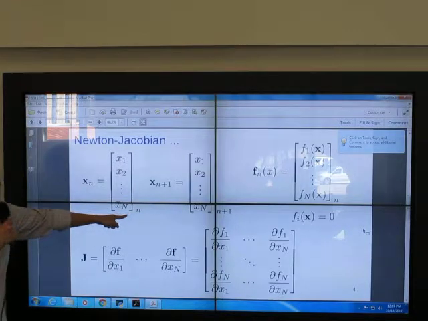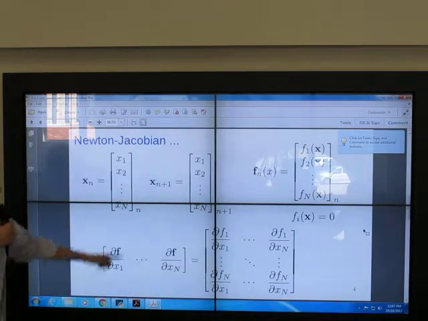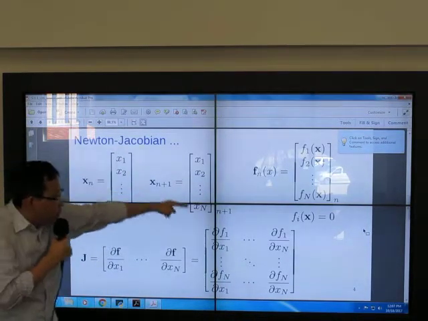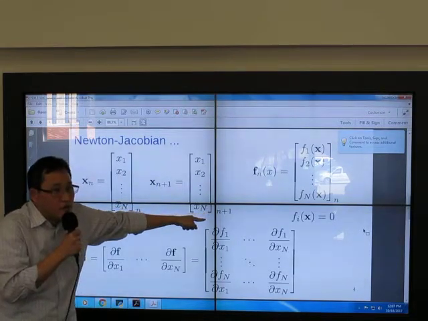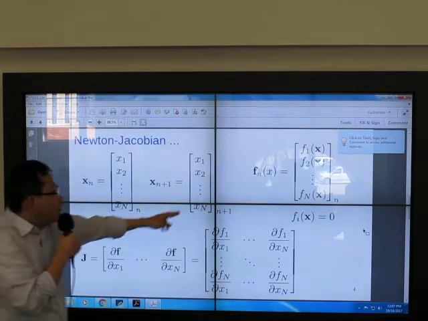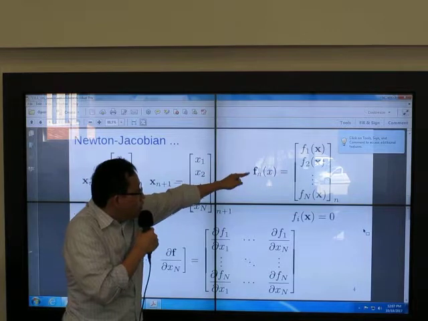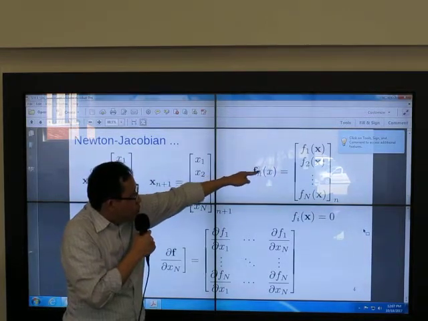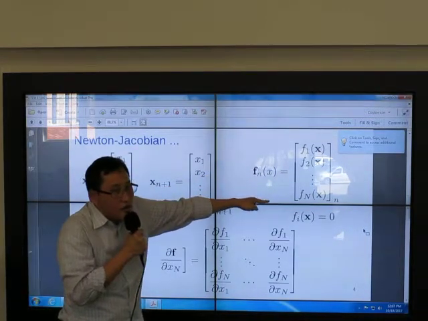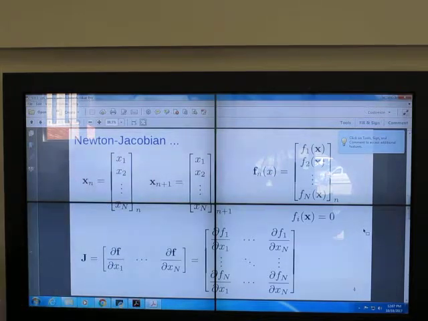The subscript n over there is iteration n. xn plus 1, same thing but have subscript n plus 1 for the next iteration. F, n is fx, f1, f2, f3, f4, f5, to fn. At defined iteration n. If we get the right x, f value will be 0 every component. Right? Jacobian matrix.